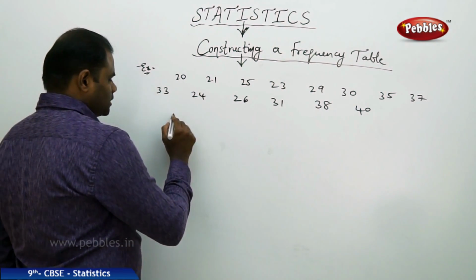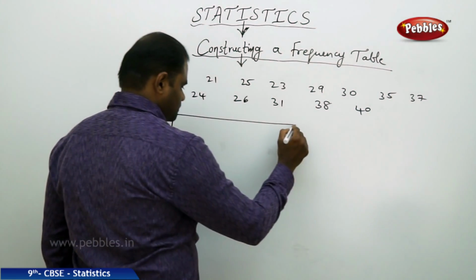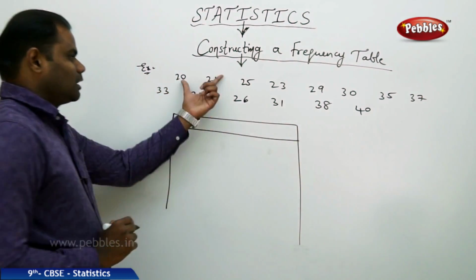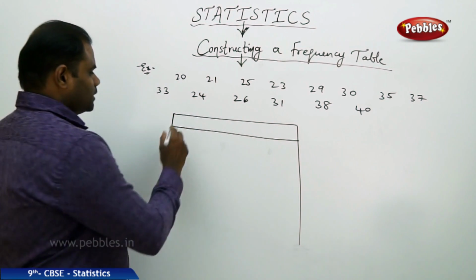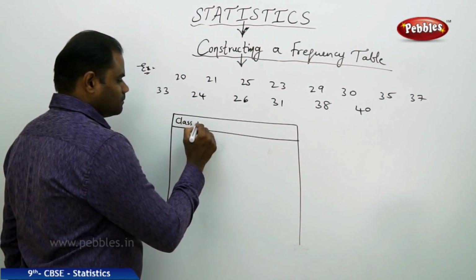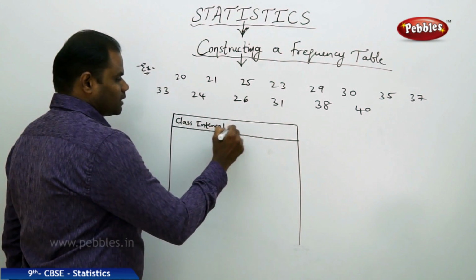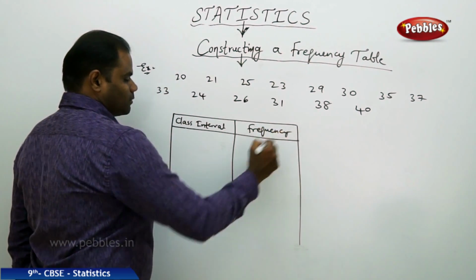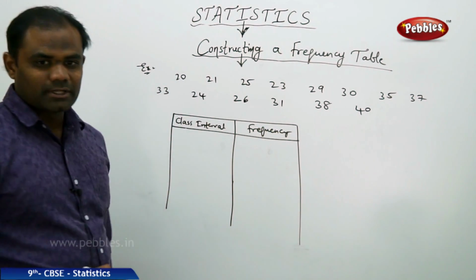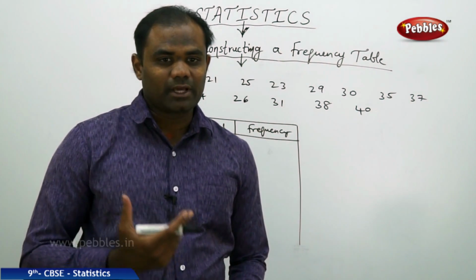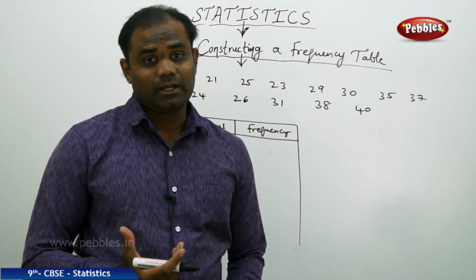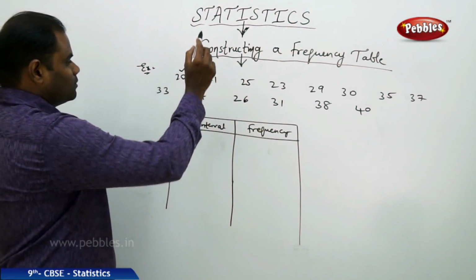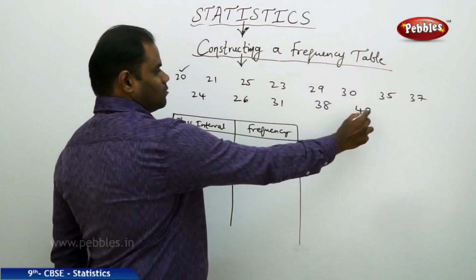Now a frequency table is constructed with the marks, or whatever the values given here, defined as class interval. We take class interval and then we take the frequency. We have discussed recently that frequency is the number of times the data occurs, and hence if we take the class interval, we first pick the lowest value and then the highest value.